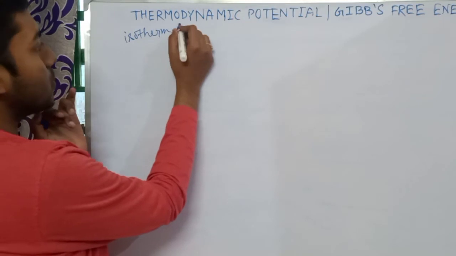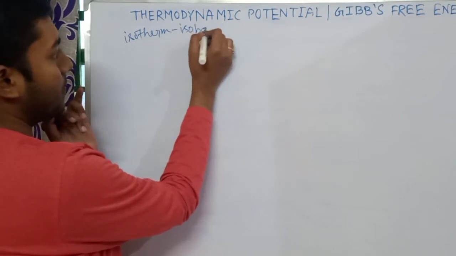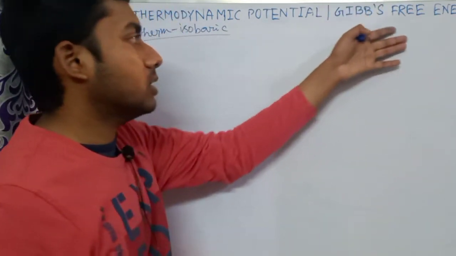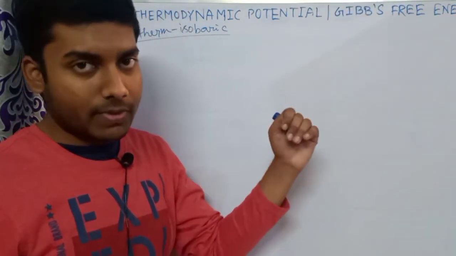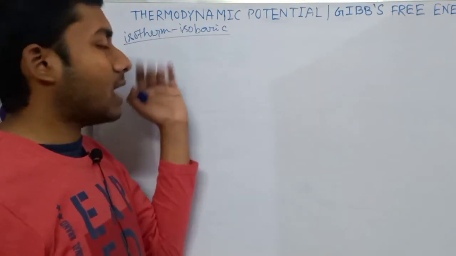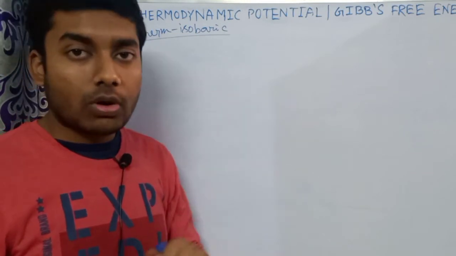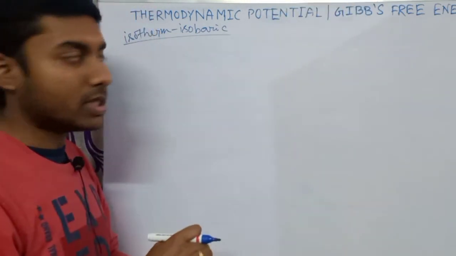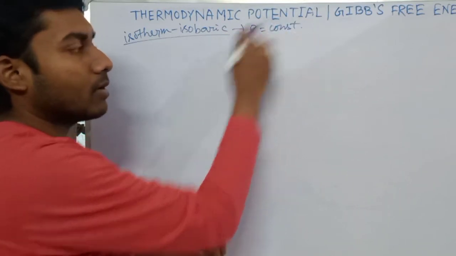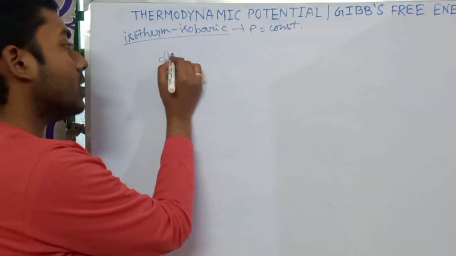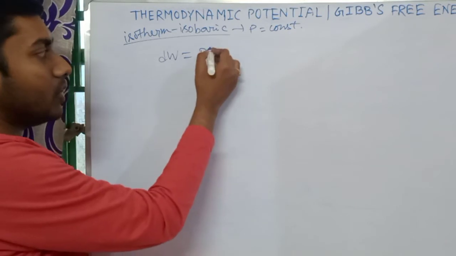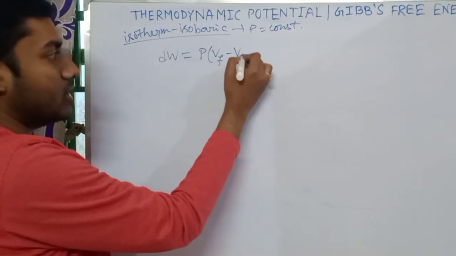In the derivation of our Helmholtz free energy, we have taken a process that is isothermal, that means there V was constant, and here isobaric means P is constant. Now the work done dW in an isobaric process can be written as P constant, P into V2 minus V1, or V final minus V initial.